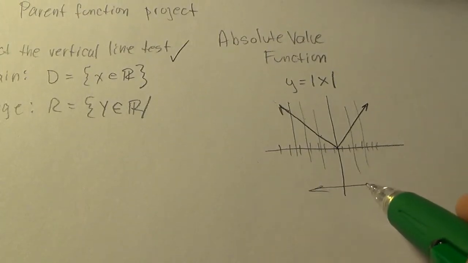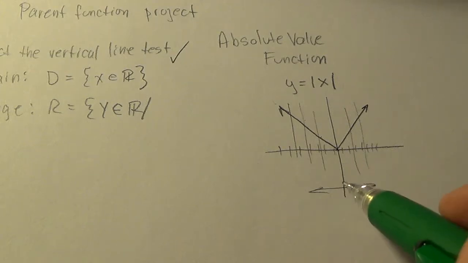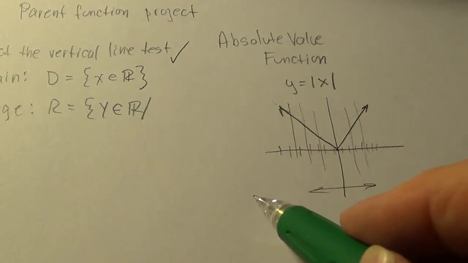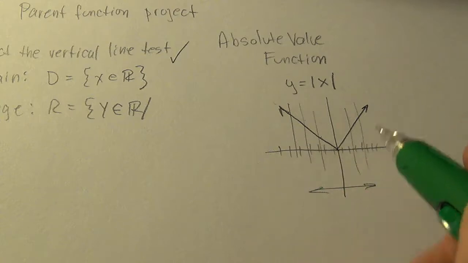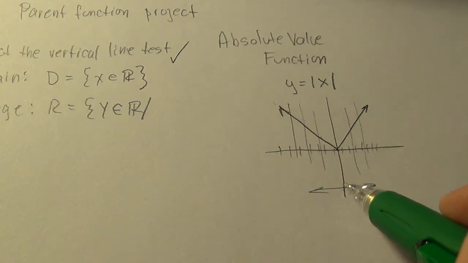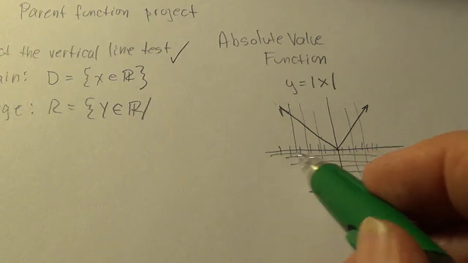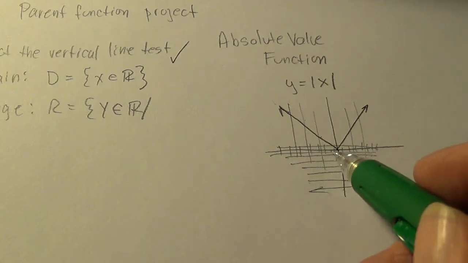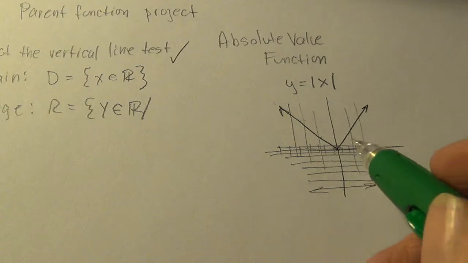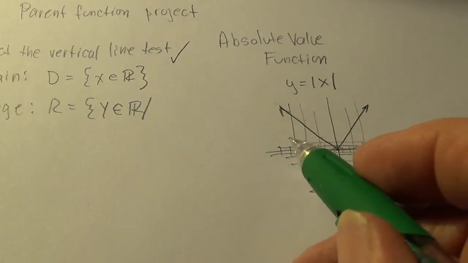Well, this value for y, say we're down here at -8 or something, if you go left or right, will you ever touch this graph? No, so -8 is not in the range. So what value will be the first one in the y direction in the range? Y equals 0, then 1, 2, 3, and so forth.